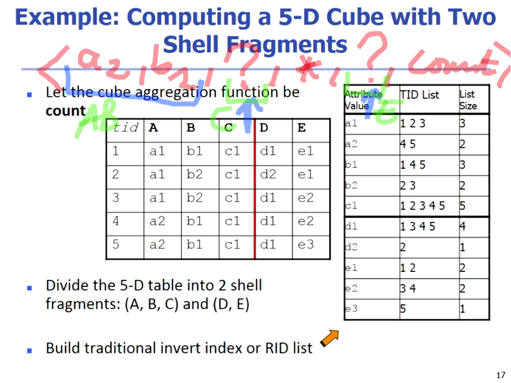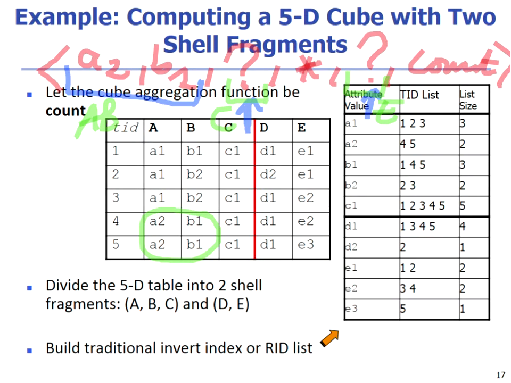The second step is to fetch the corresponding TID list for each fragment from the fragment cube. Let's begin with the fragment cube AB. So in the fragment cube AB, we will see A2B1: 4 and 5, very good.